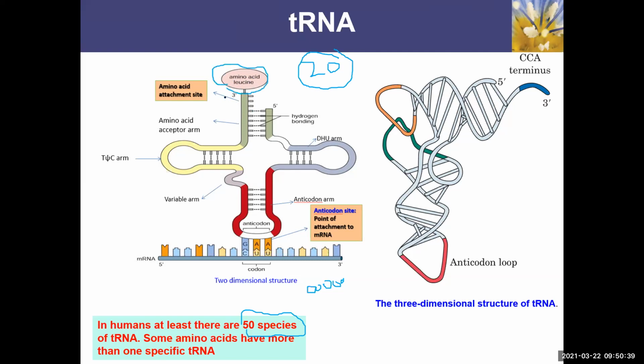Sometimes the question says, name the site to which the amino acid will be attached on the tRNA. It will be attached to the 3' site of the tRNA. So this is the amino acid attachment site, not the 5', it's the 3' one over here.